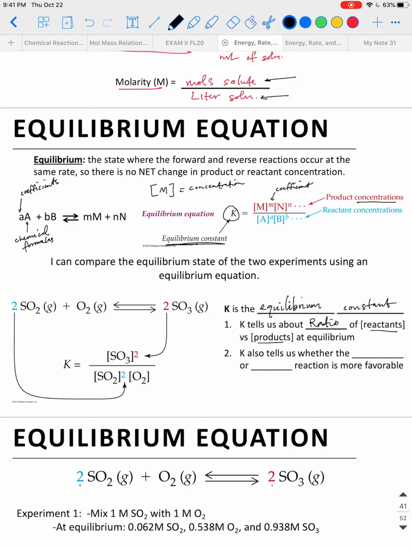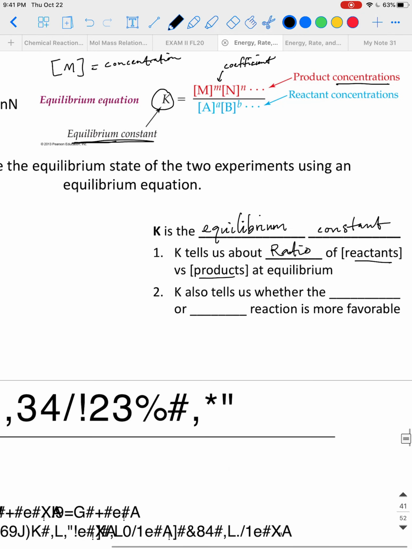At equilibrium, it's helpful to know: did the reaction make all or most products, maybe equal products and reactants, or do we just have a lot of reactants and very little product? That's what K will tell us, and I'll show you how in just a minute.